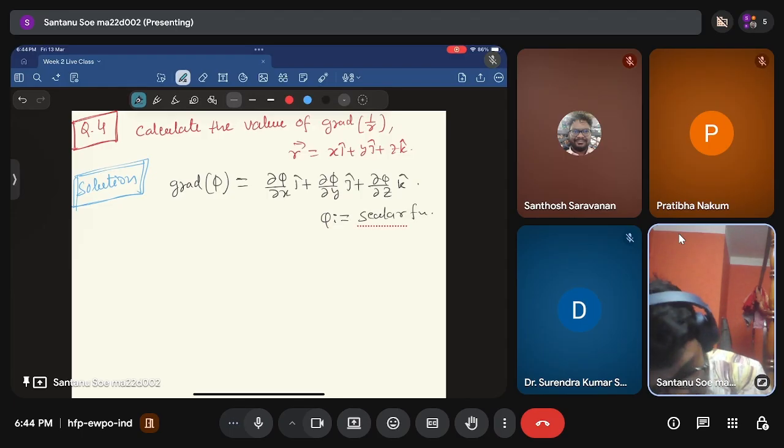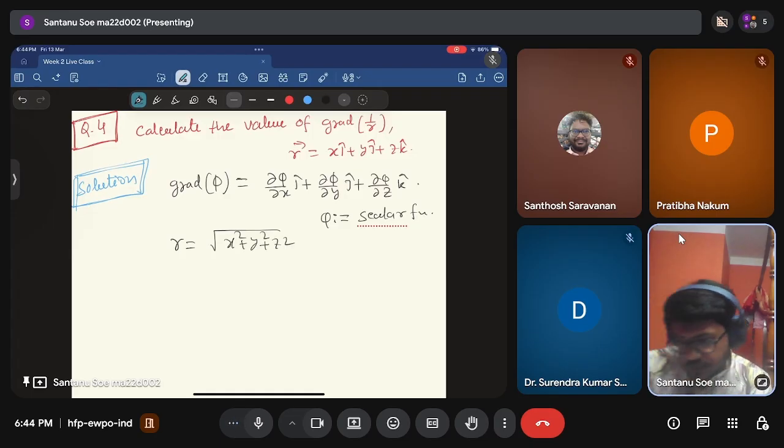Okay. So what is r? r is just the distance from the origin, which is square root of x square plus y square plus z square, right? So our phi is given by 1 by r, because we have to find out the gradient of 1 by r, correct?